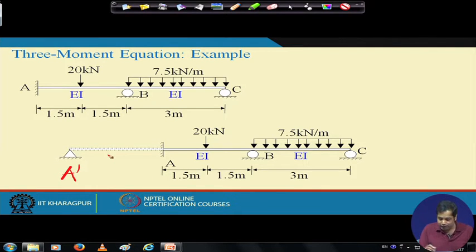Now, if we consider the beam ABC, then the deformed shape, for some loading condition, is probably something like this and then something like this.